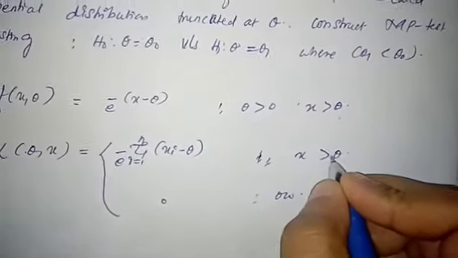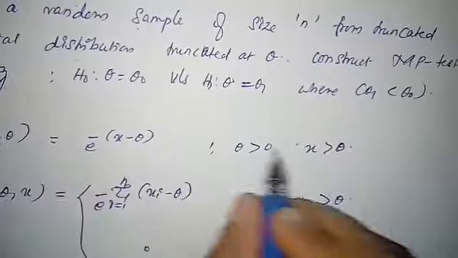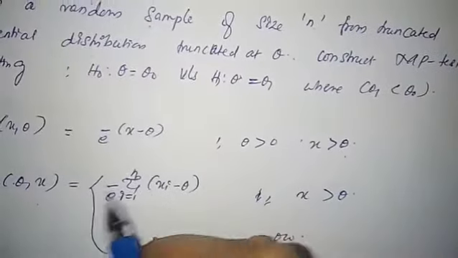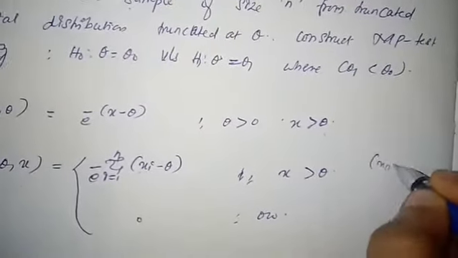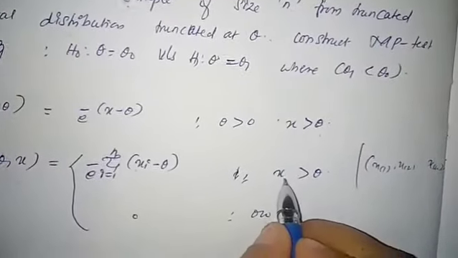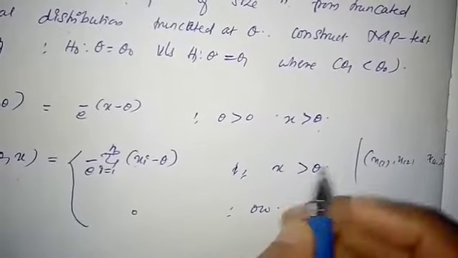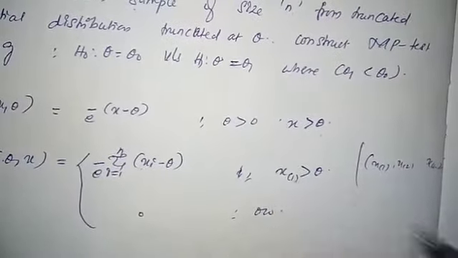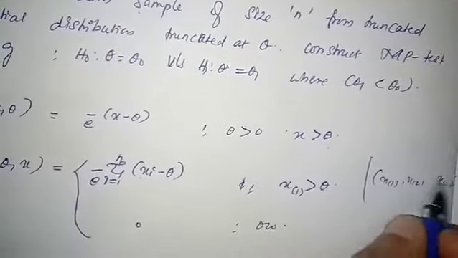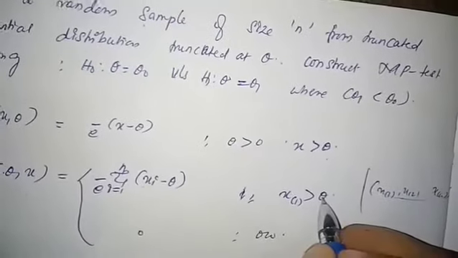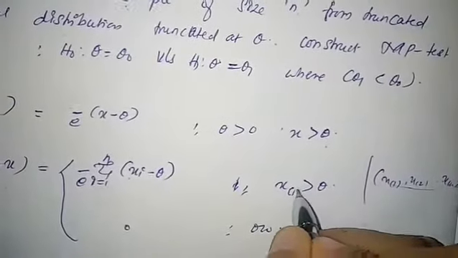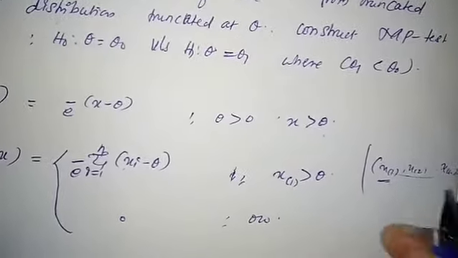Since it is truncated at theta, x is greater than theta, but here it takes the values x1, x2, so on xn. In this case, theta must be less than the first order statistic, the least value of x.